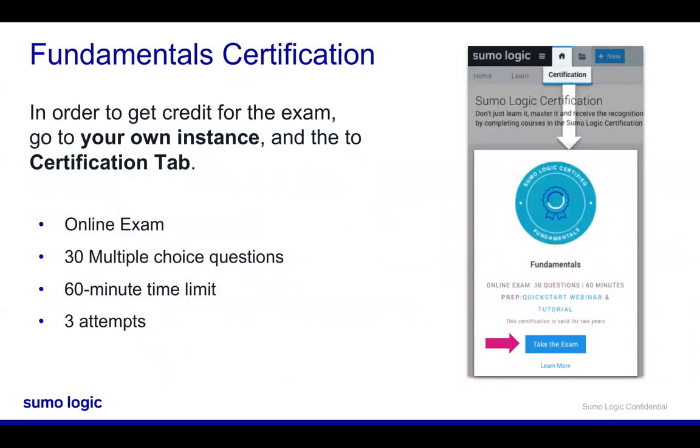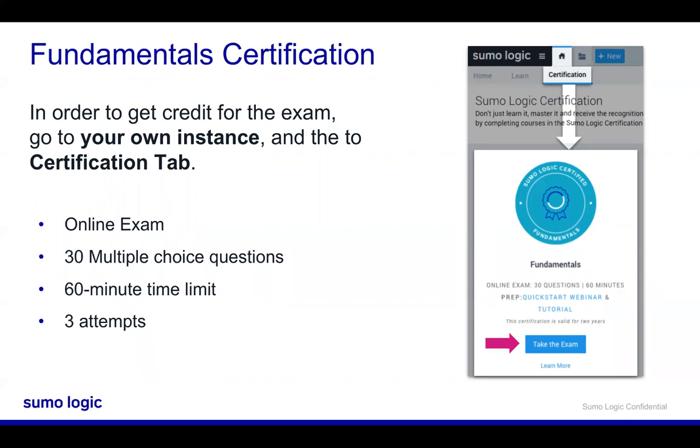So in order to get credit for the exam, you need to log on to your own Sumo Logic instance. If you haven't started your own instance, you can do that from sumologic.com, and you can choose free trial and just register there, and then go to the certification tab.